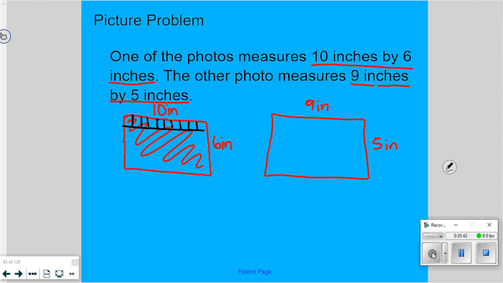There's my 10. There's a row of 10. We're writing now, Nathan. And I know I've got 6 of those rows because that's what that 6 right there is telling me. So I've got 1, 2, 3, 4, 5, 6.